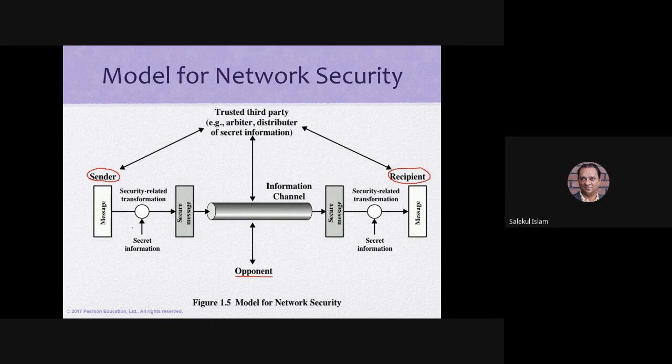So if you want to send some message, you should not send it in plain text. We will explain these terms later, so don't worry. But plain text means something that is easily readable. If an attacker can capture a plain text message, the attacker can easily understand what is inside the message. That's why we want to create a secure message.